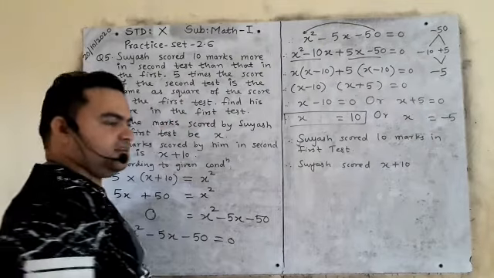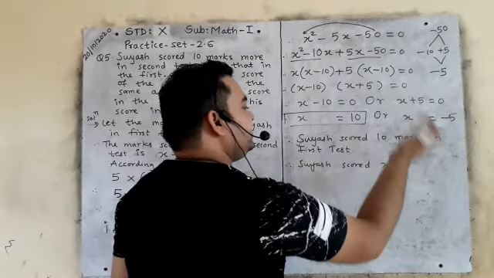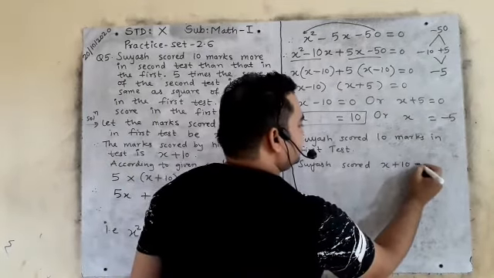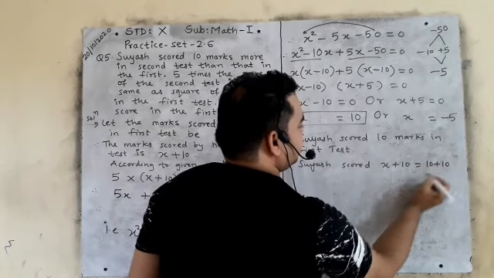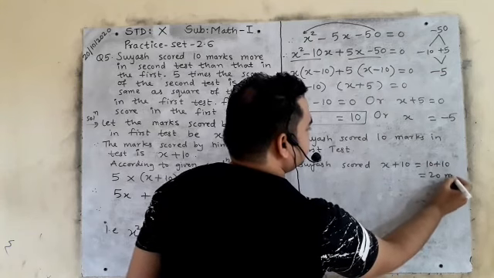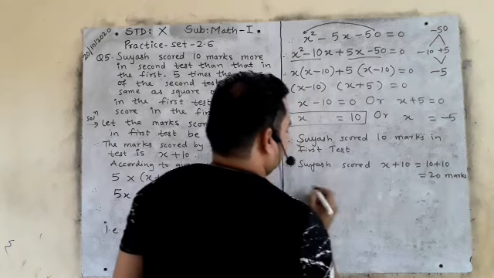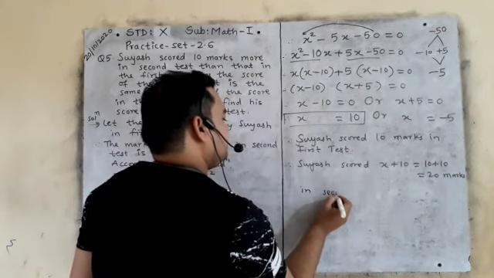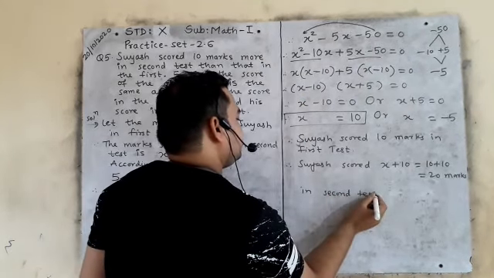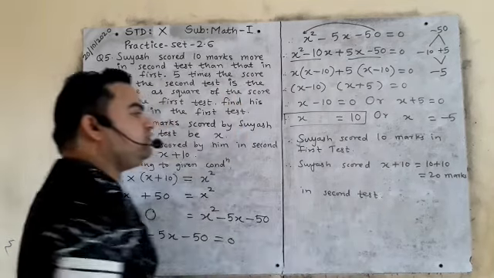X plus 10 यानी first unit test से 10 ज़्यादा, so that is 10 plus 10, which is equal to 20 marks in second test. I hope you understood here how to solve.